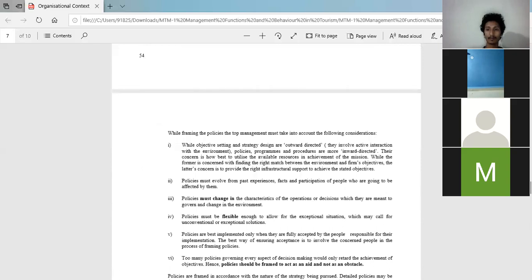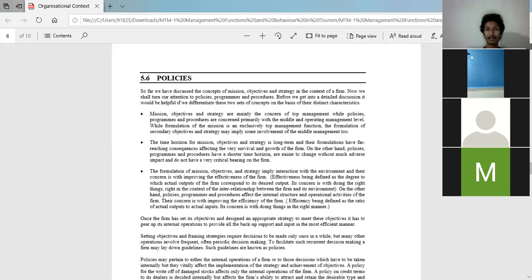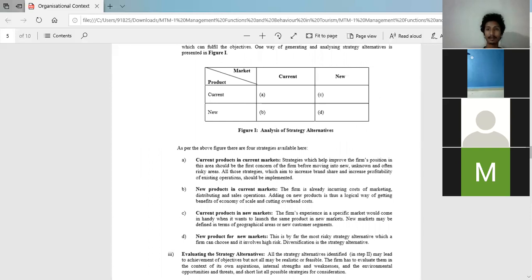And what about objectives? Objectives means the targets, like sub targets. Aim, target, and if you say what do you want, these are objectives. Objectives are needs, in simple words.